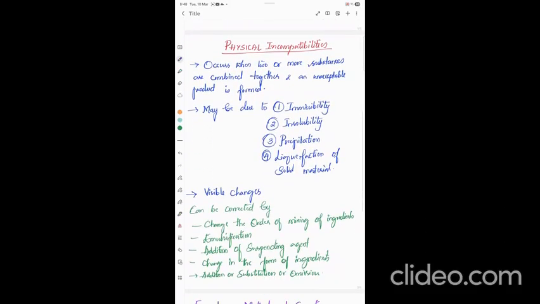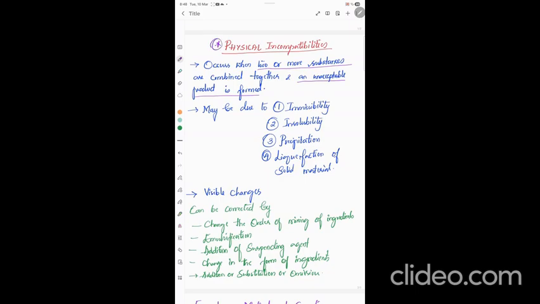So the first one is the physical incompatibility. As the name suggests, it occurs when two or more substances are combined together and an unacceptable product is formed, right? And here this unacceptable compound can be visually seen. That is why we call it a physical incompatibility.